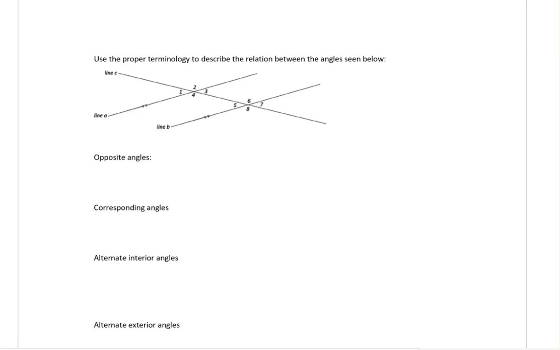In this video, I will discuss the geometric relationship of angles and lines in the same plane. In the given diagram, we have line A and line B. Line A and line B are parallel to each other, and they are cut by another line called line C, which is a transversal line.